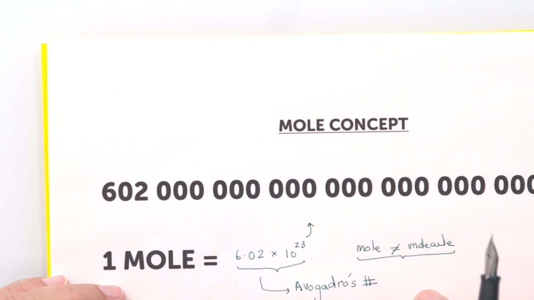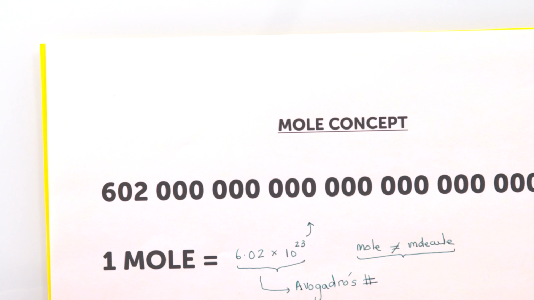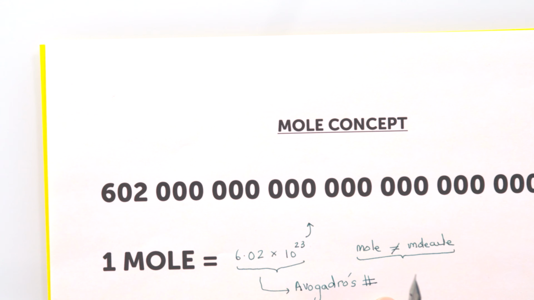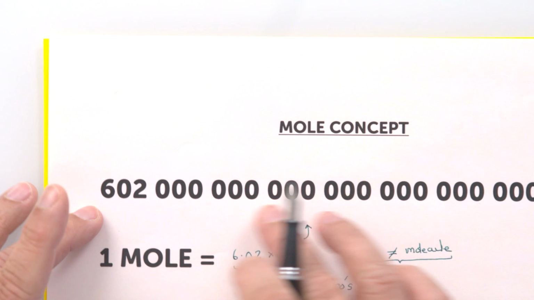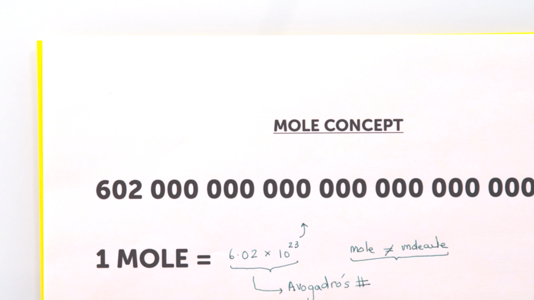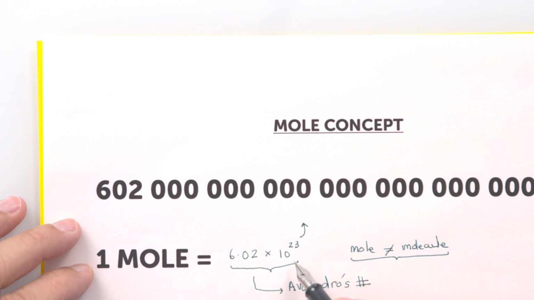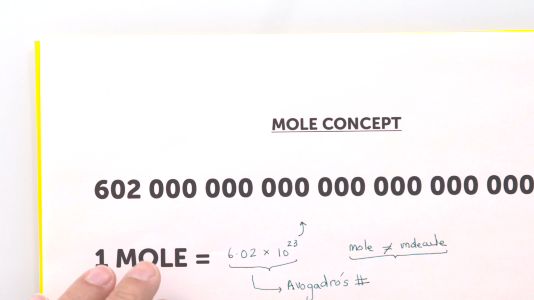So you've got to remember this. If somebody says, what is Avogadro's number? It's 6.02 times 10 to the 23rd, or 602 followed by 21 zeros. So it's this big number. And you absolutely need to memorize this number, the 6.02 times 10 to the 23rd. It refers to a mole. Super important that you remember and learn this number.